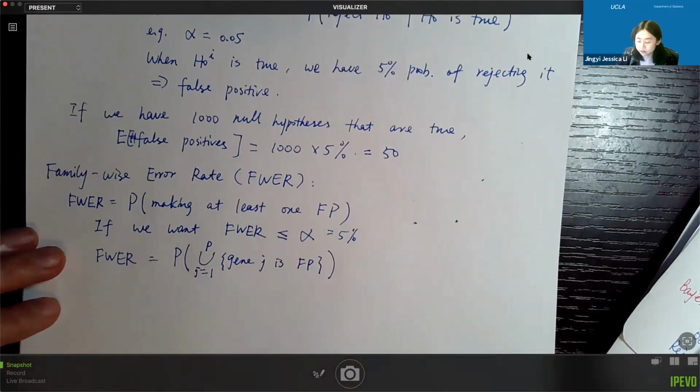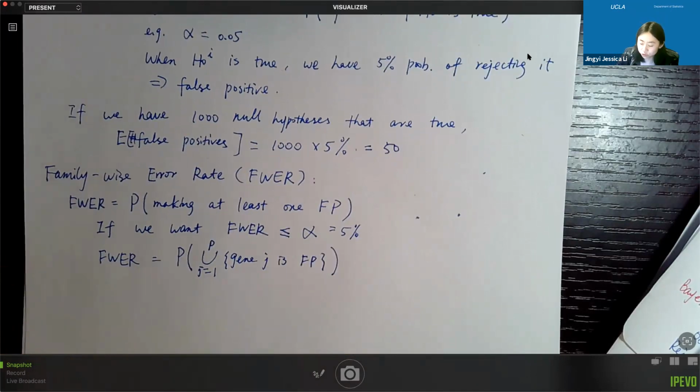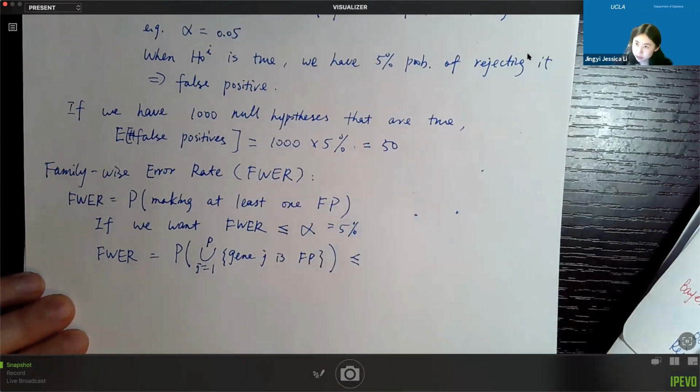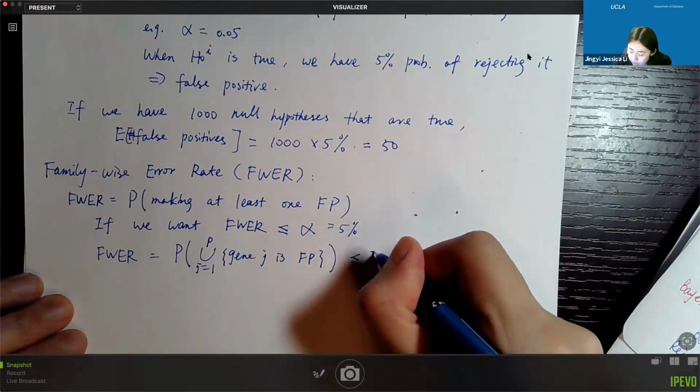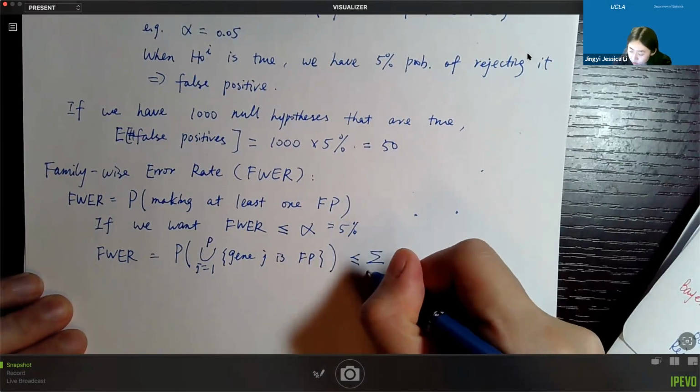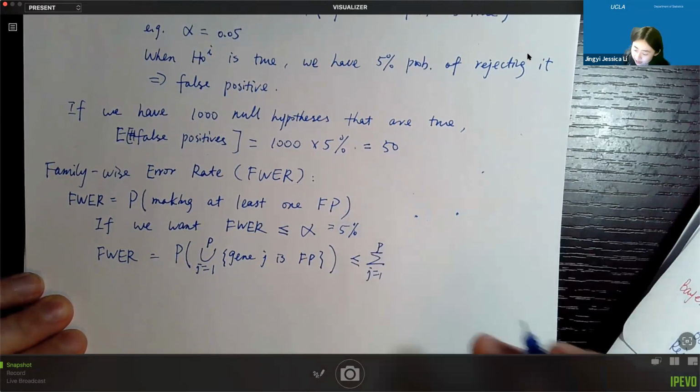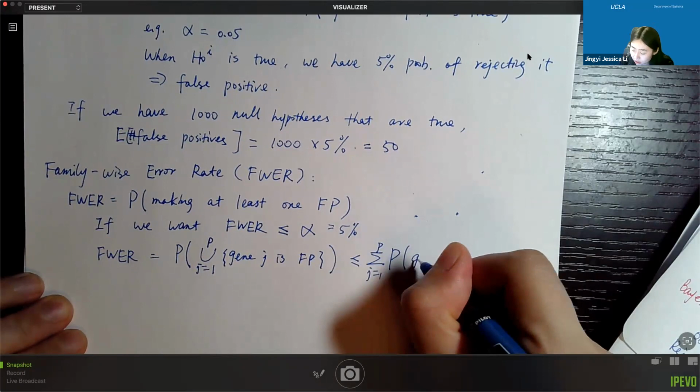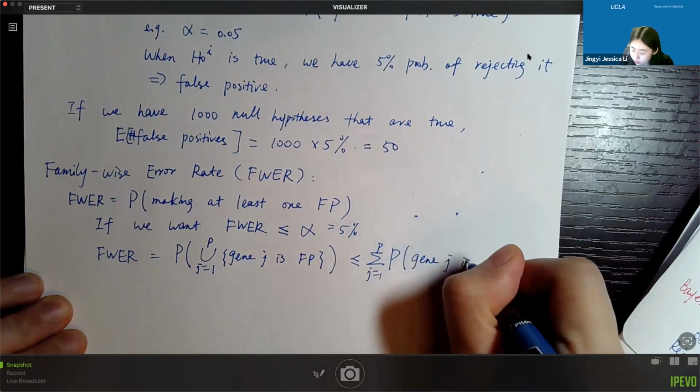If we make one gene a false positive, we trigger the event. And we know that in probability, the probability of a union can be upper bounded by the summation of probabilities. So j from 1 to P, we can move it outside and just take the summation for the probability that gene j is a false positive.